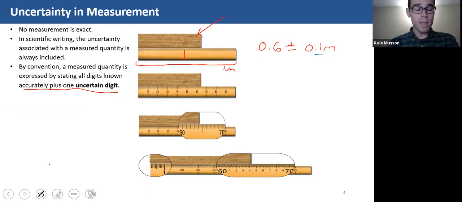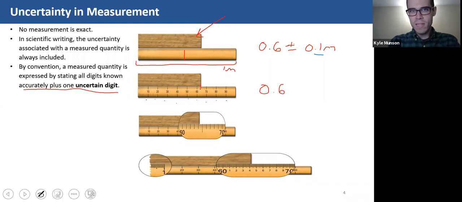So moving on now, let's get a little bit more precise. So we go in our cabinet, we grab another meter stick. This one has markings that are every 10 centimeters apart or every 0.1 meters apart down here, okay? And then we want to measure the same board. Well, now if I look at this, this is definitely over 0.6 meters or 60 centimeters here, okay?